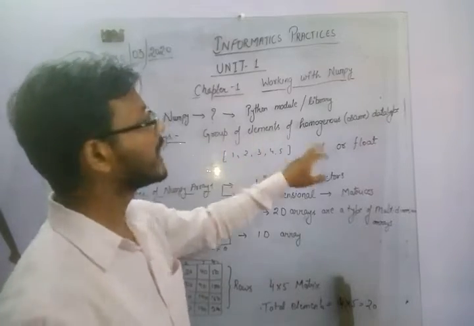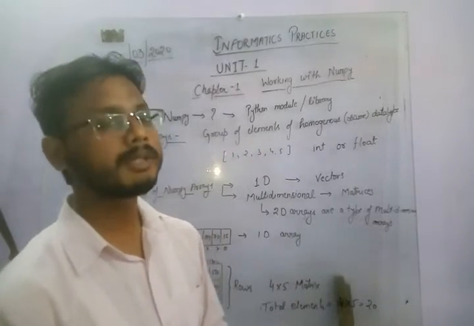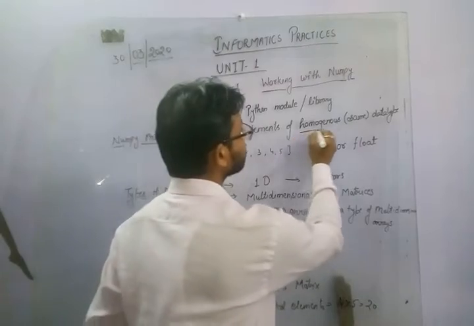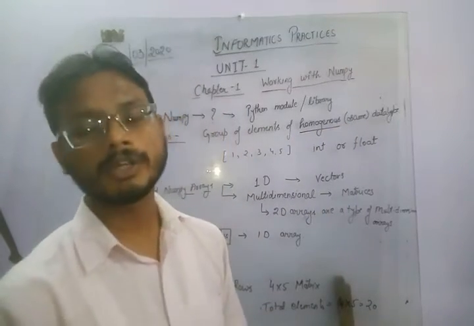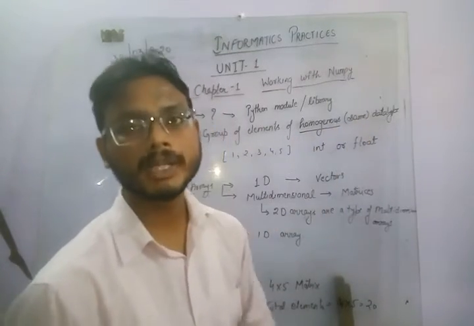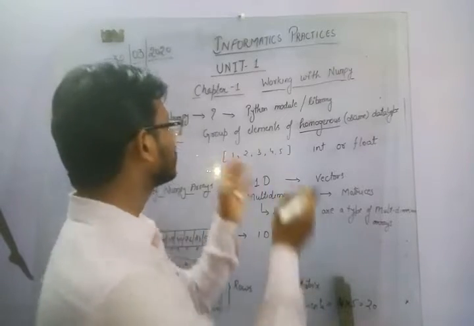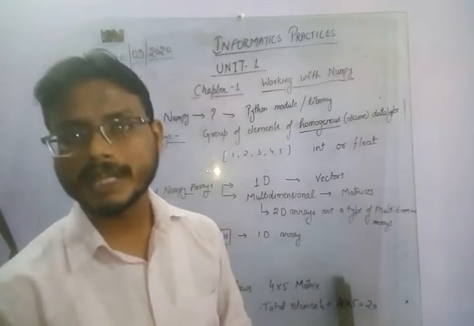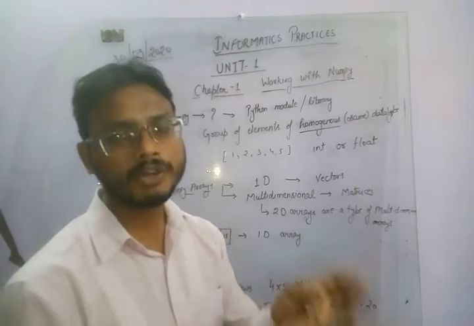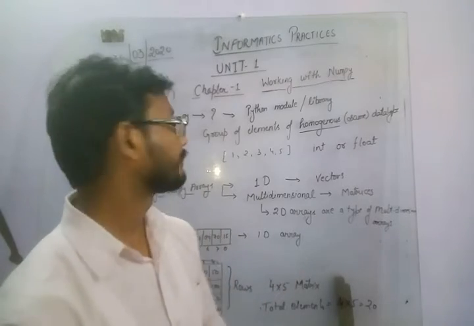Now, what is a NumPy array? It is a group of elements of homogeneous data type. The main important thing we have to notice is that it is homogeneous, or you can say it is of the same data type. All the elements in this group are of the same data type. The data type must not change throughout the program.